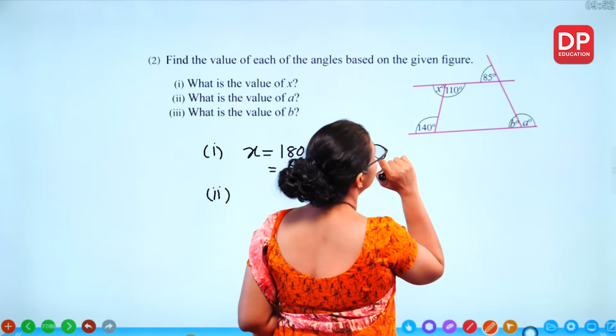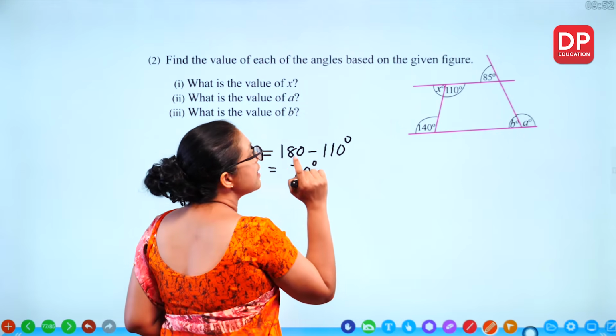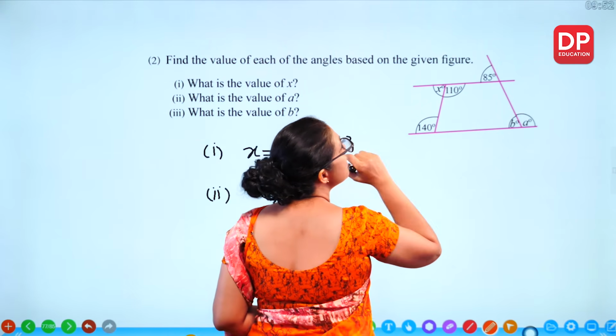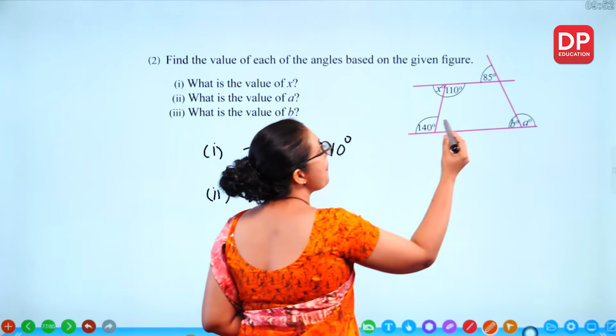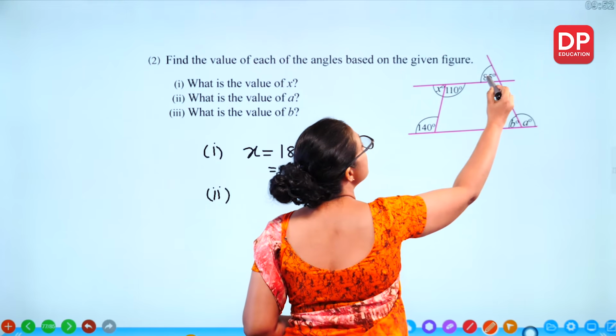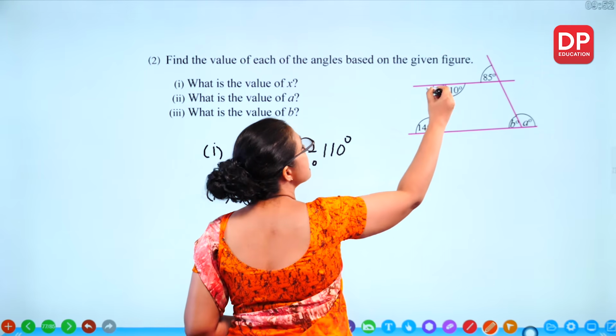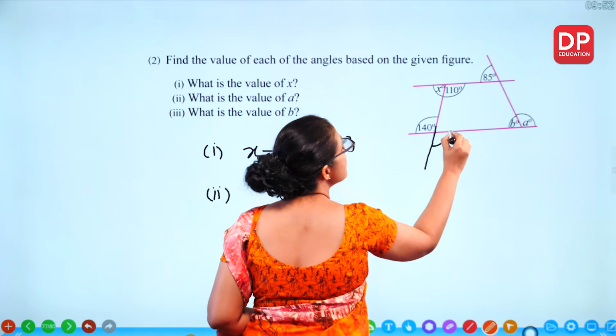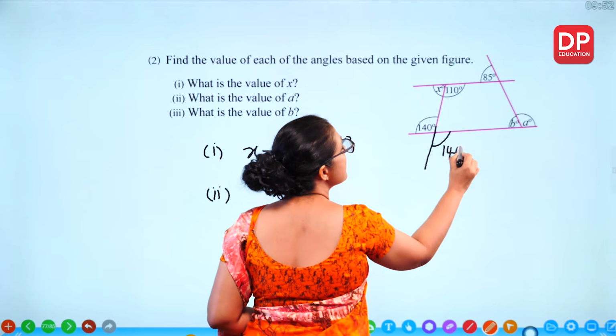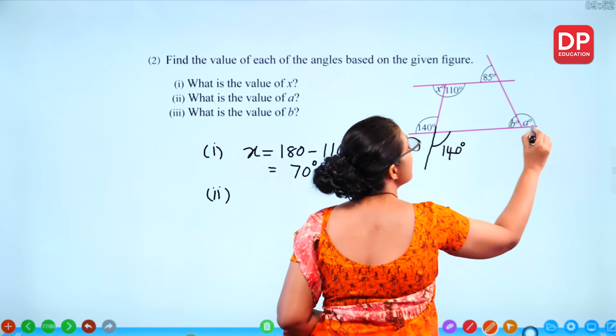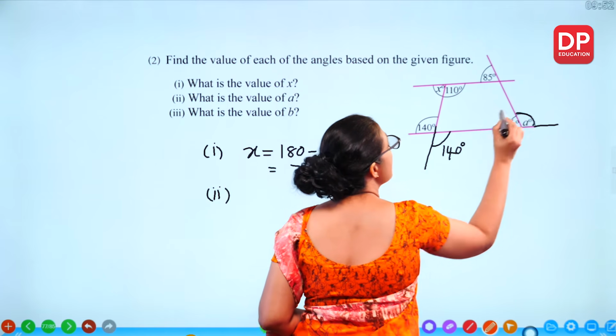A is here. Now, look carefully at the extended lines. When you extend this one, you get 85. Here, x. When you extend, this is 140. That's the exterior angle. And when you extend this line, you get A.